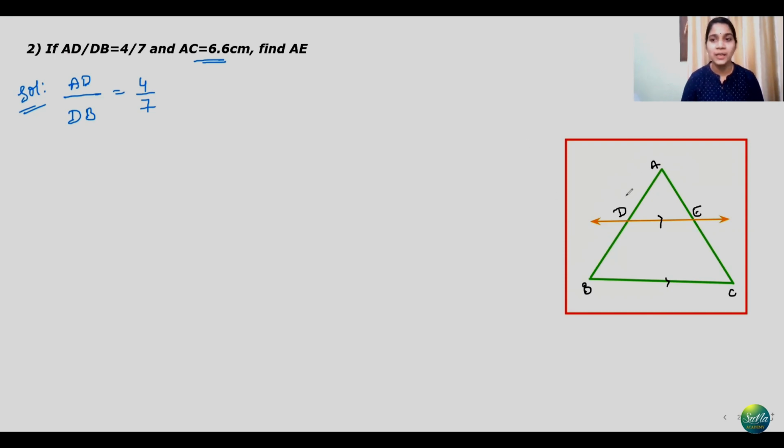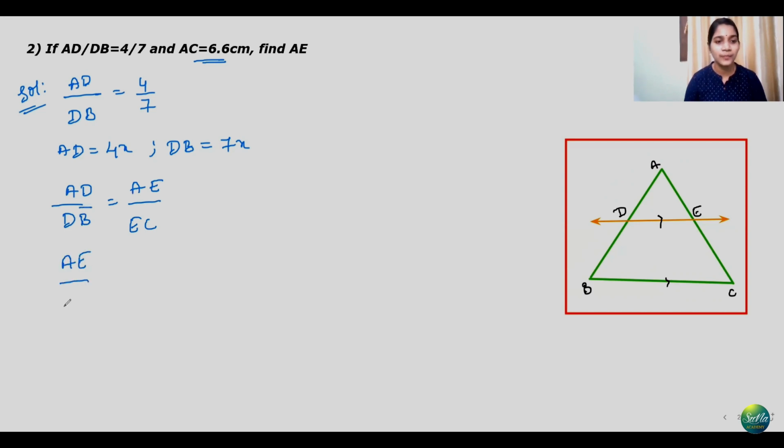So we can consider the AD measurement as AD is equal to 4 into x for some value of x, and DB measurement is equal to 7x. And then we know that the ratios AD by DB is equal to AE by EC. So now the AE by EC value is also equal to 4/7.